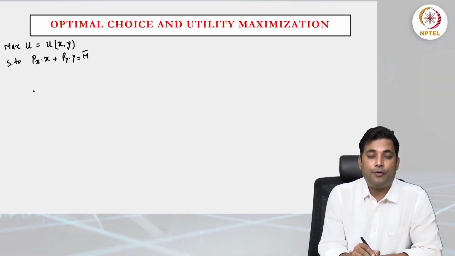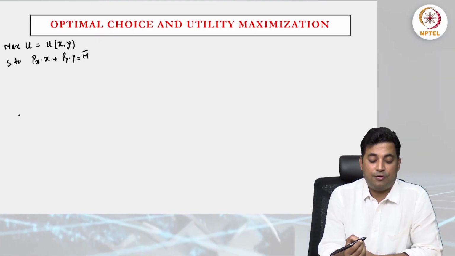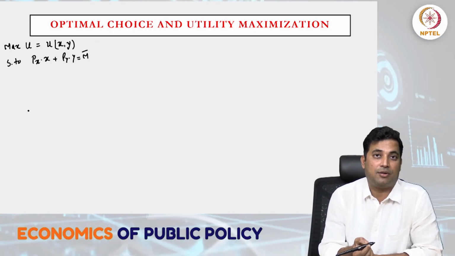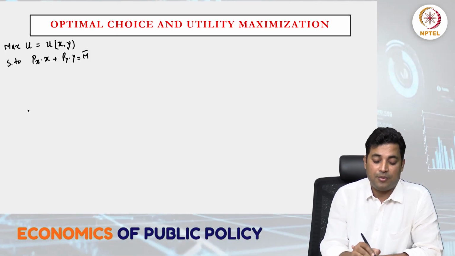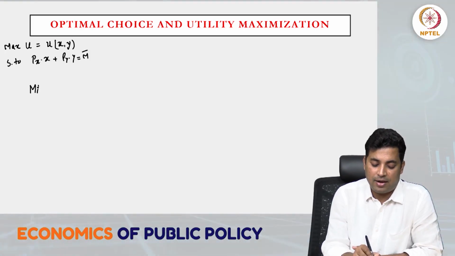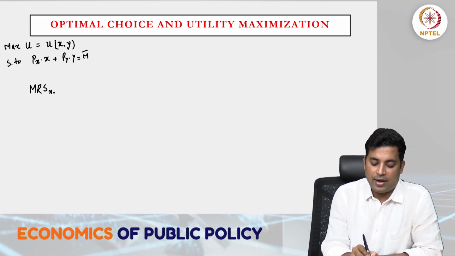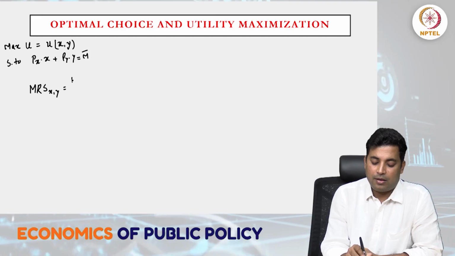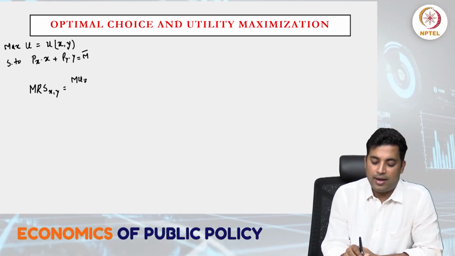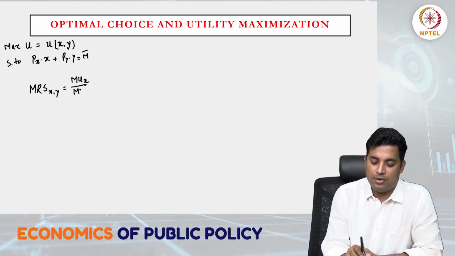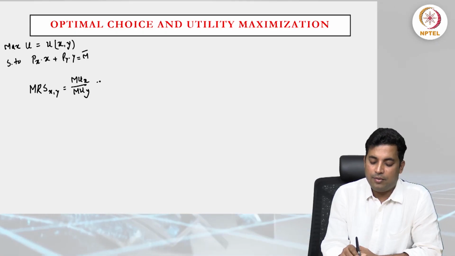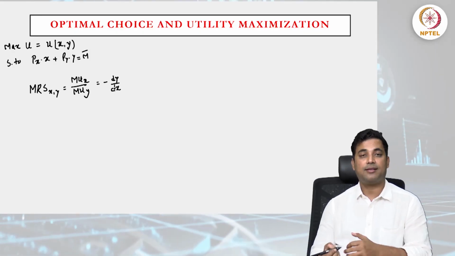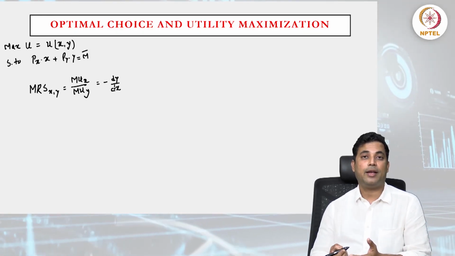Now from the slope's point of view, from the marginal rate of substitution point of view, MRS for x and y we get mux by muy, which is minus dy by dx. So that is how we get the slope of the indifference curve.